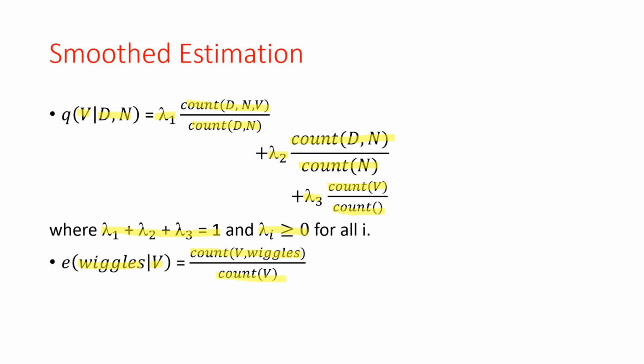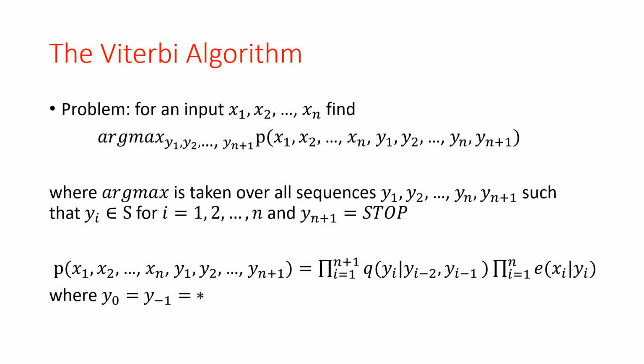Since the number of possible tag sequences grows exponentially with the length n of the input sequence, this problem of finding the best tag sequence is solved by using the Viterbi algorithm. The Viterbi algorithm takes an input of x1 up to xn and calculates the argmax.